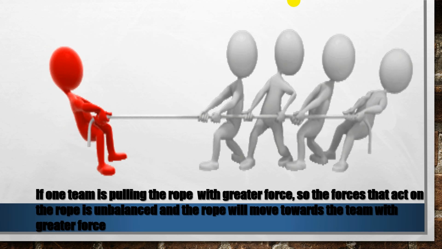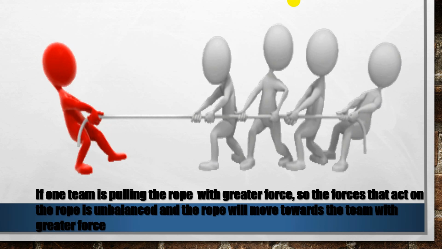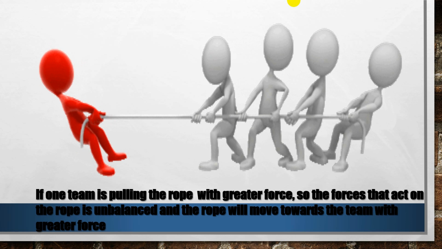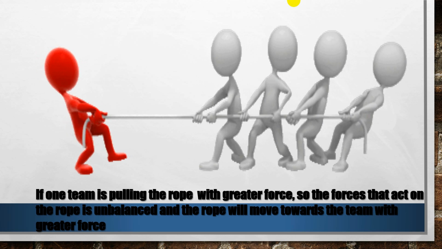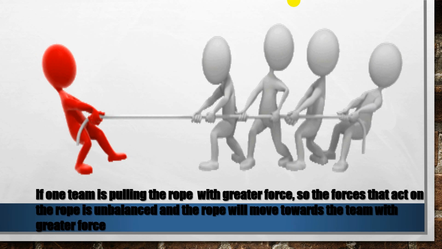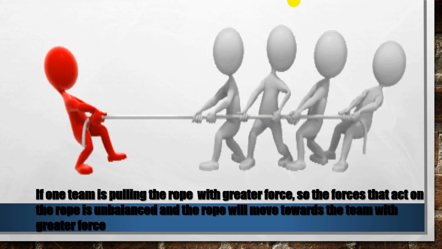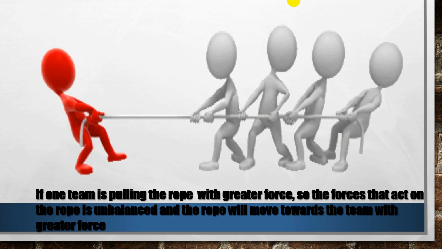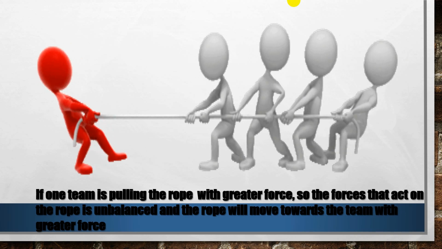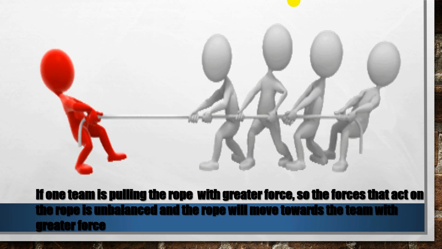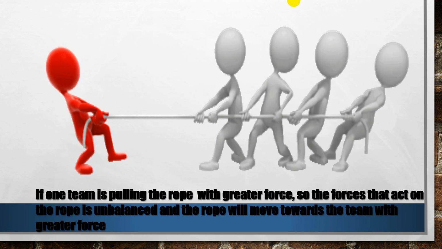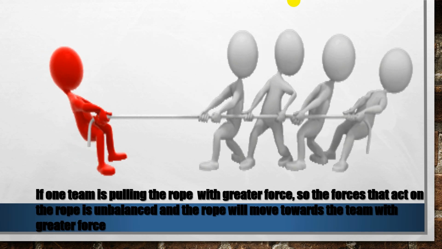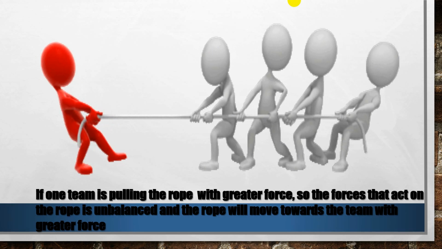So this is unbalanced force because it is not the same number of members, and also not the same amount of force. So the team which has greater force will win because the rope will move toward them. So, unbalanced force causes the team which has greater force to win.